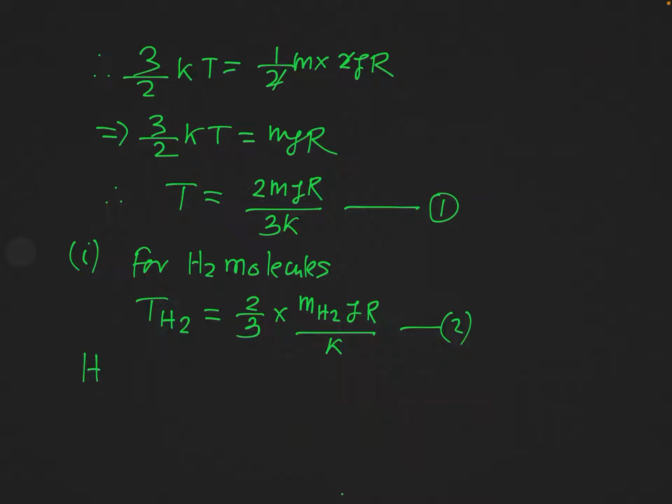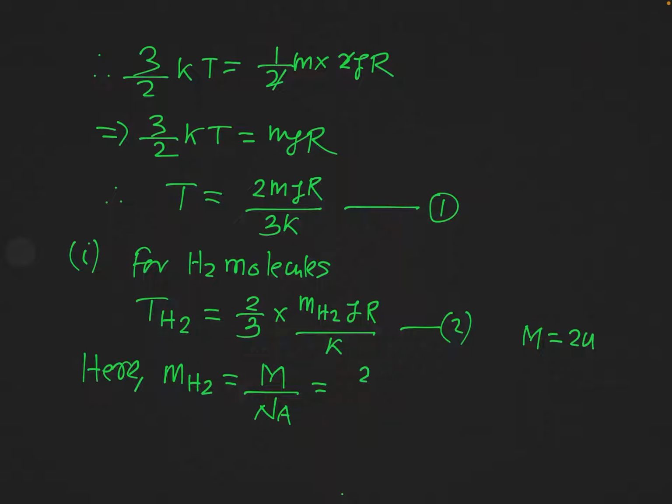So here you can see MH2, the mass of a molecule of hydrogen gas. You know this mass is equal to the molecular weight of the molecule divided by Avogadro's number. You have seen this relation earlier, and this mass M is equal to 2u for a hydrogen molecule.